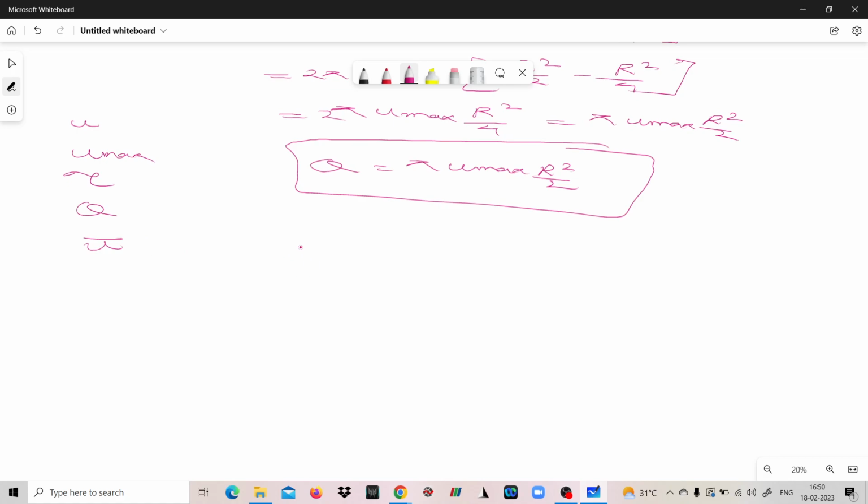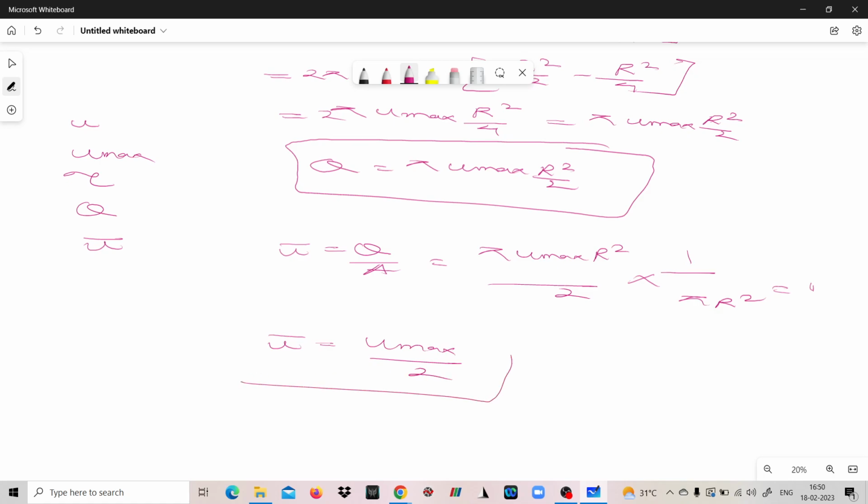The average velocity at a section is u average equals Q by A. Q is pi u max R square by 2, divided by area, pi R square. So it basically amounts to u max by 2. So u average is half of the maximum velocity.